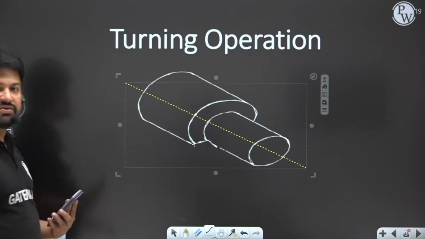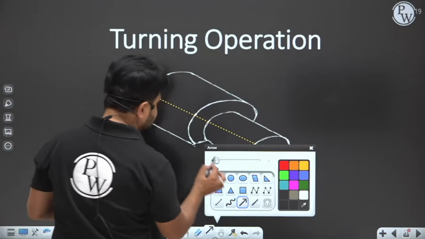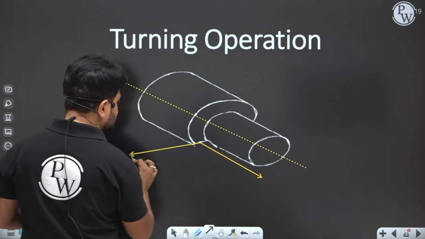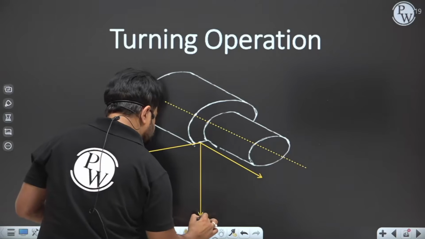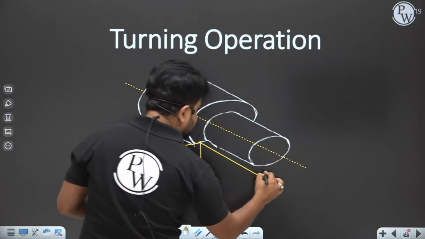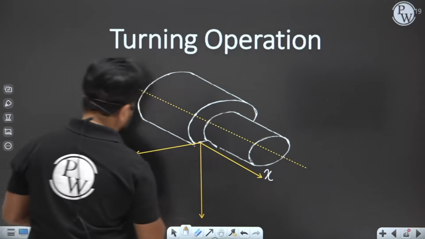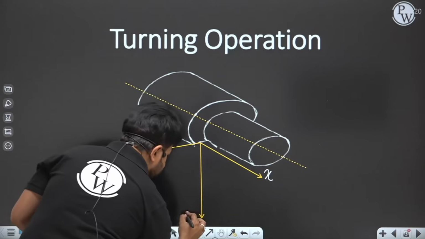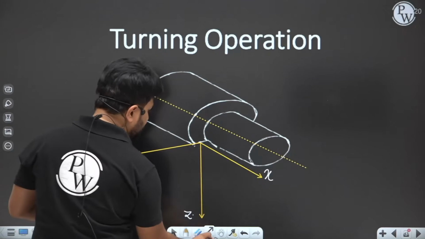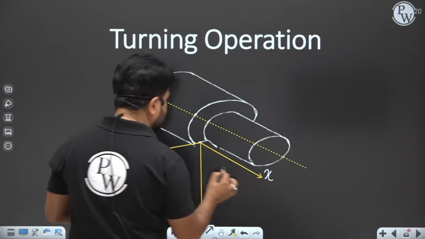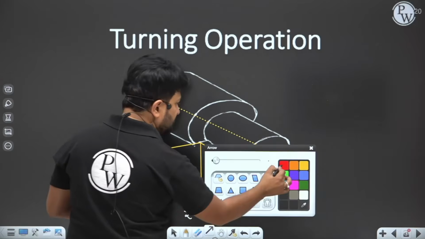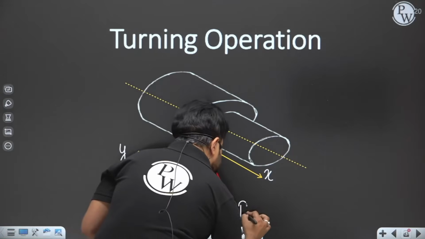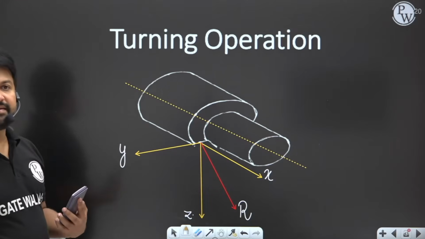Let's say this is the x-axis, the axis along the axis of rotation, this is the y-axis, perpendicular to the axis of rotation, and this is the z-axis. Now there will be a cutting force acting, the actual cutting force, in x, y, z.